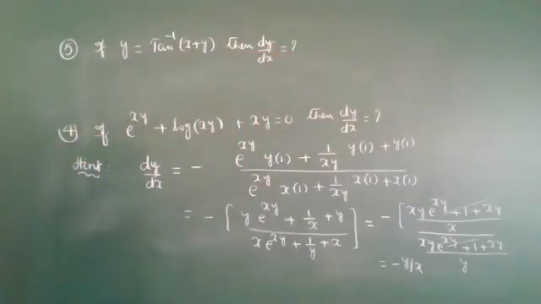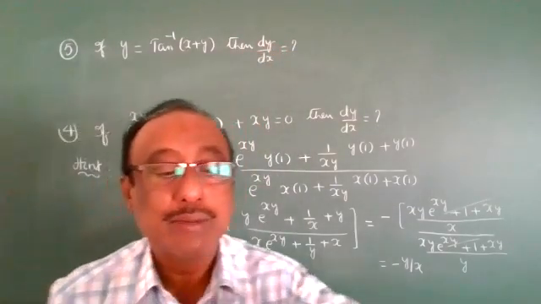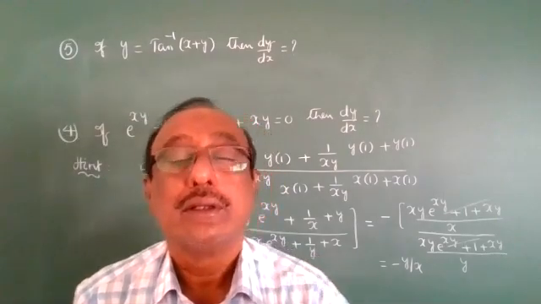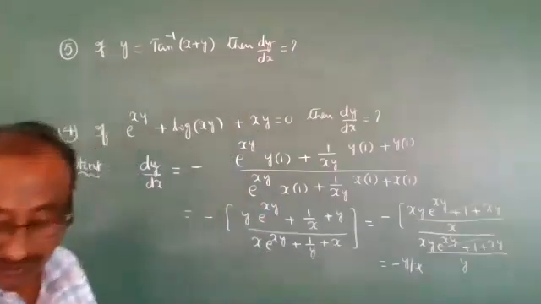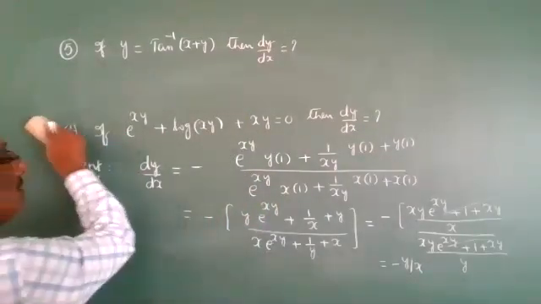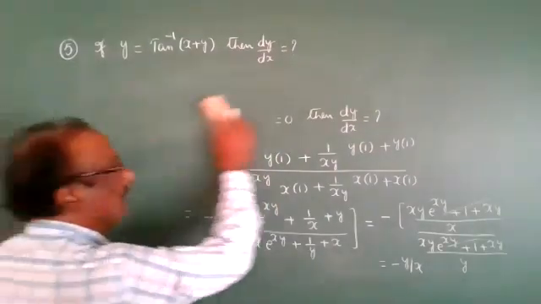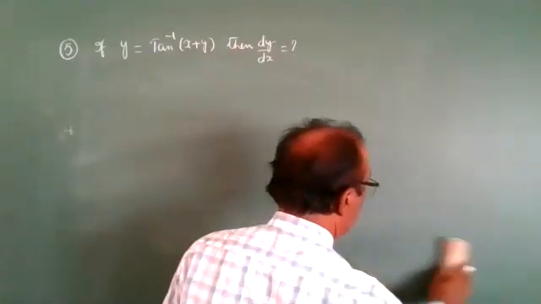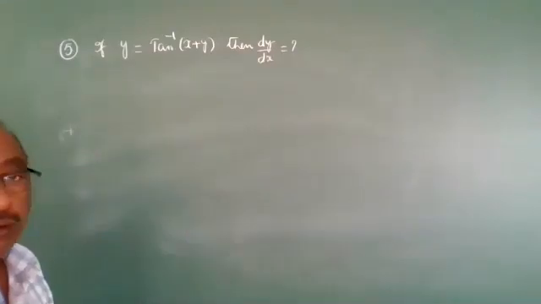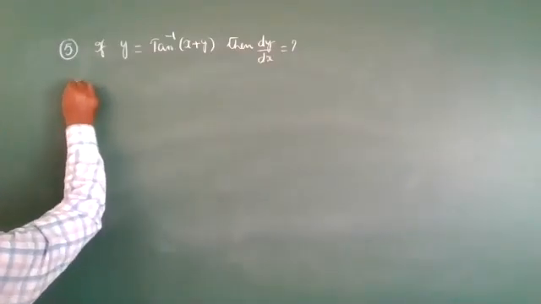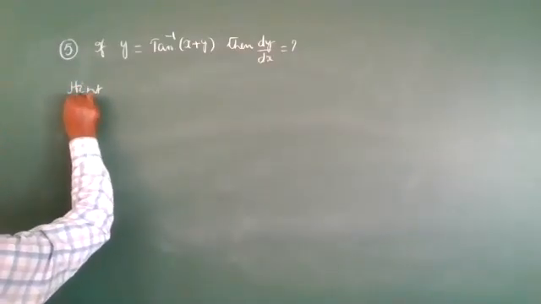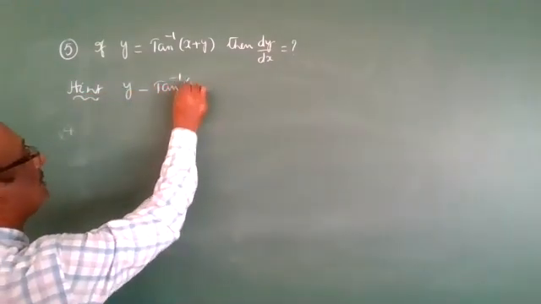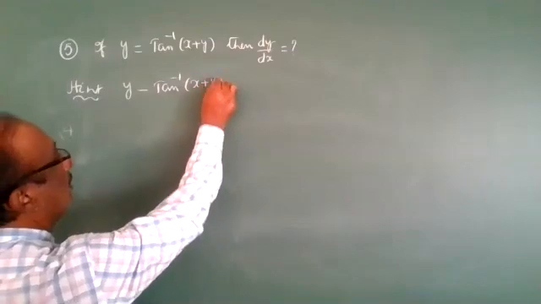First we make it an implicit function equal to 0. So the problem becomes y minus tan inverse of (x plus y) is equal to 0.